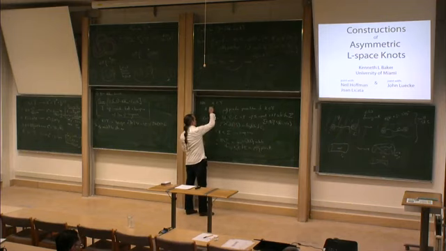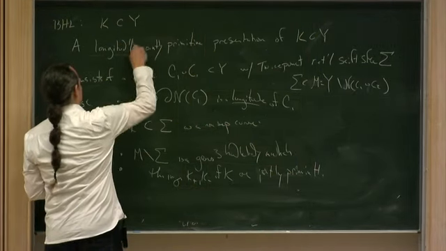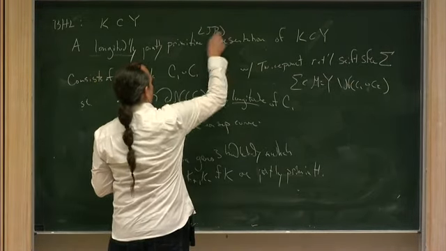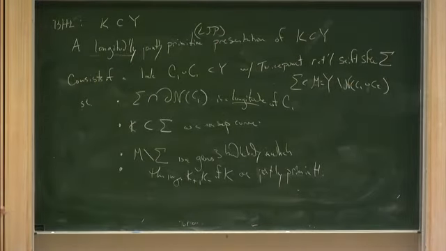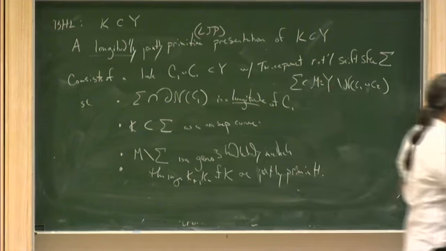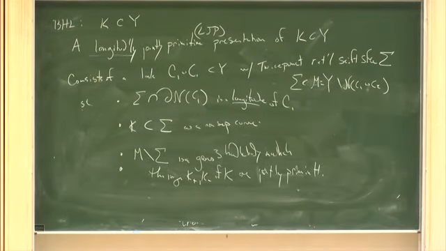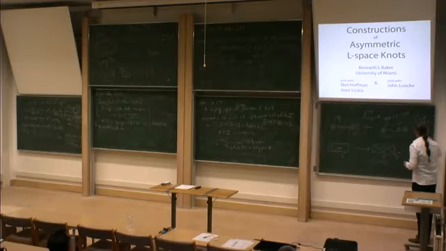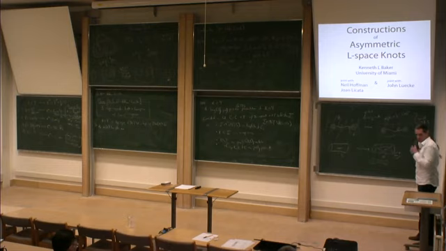So maybe we can call this longitudinally jointly primitive and abbreviate it LJP. So a longitudinally jointly primitive presentation implies we get a lens space.